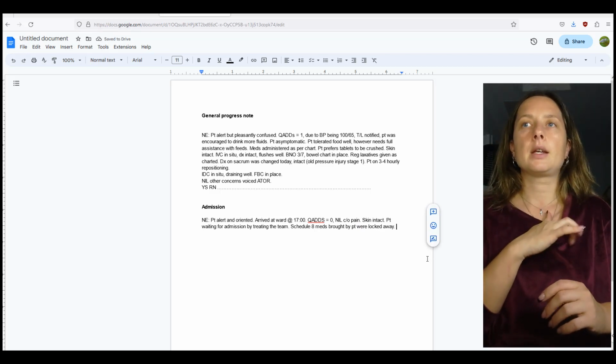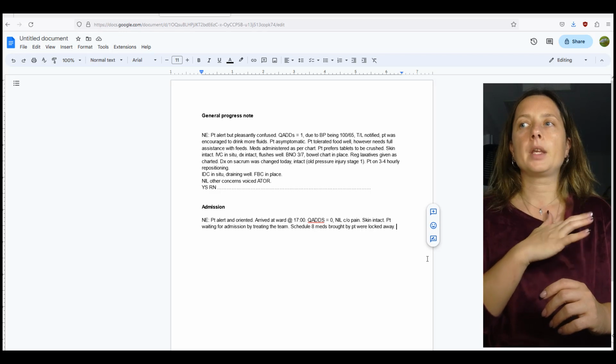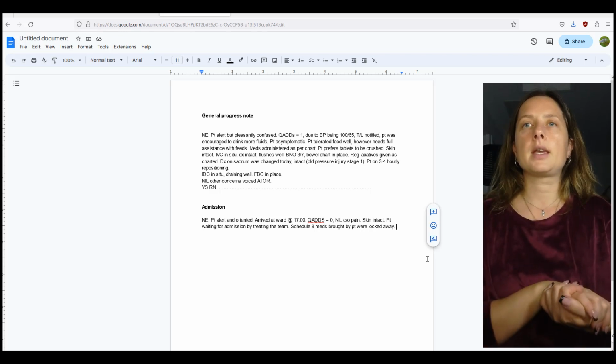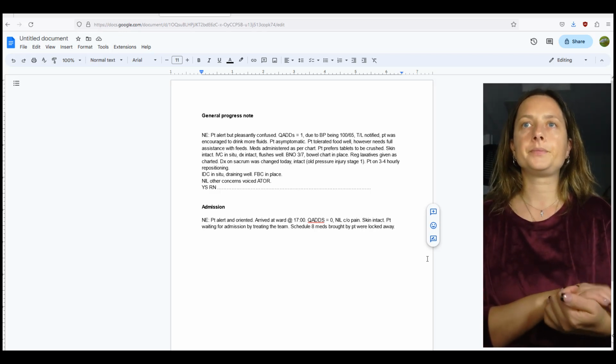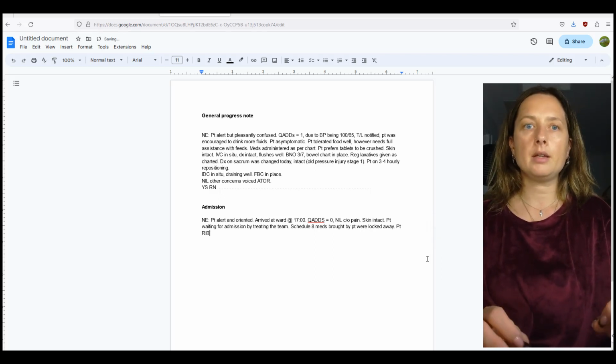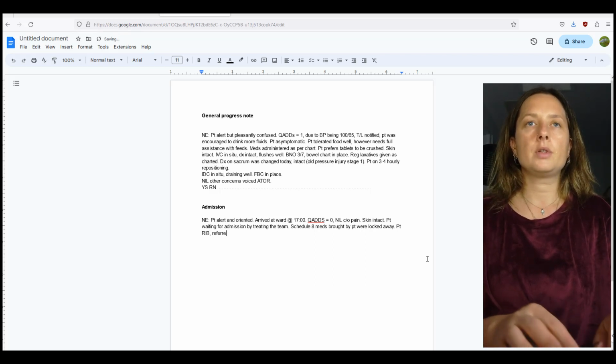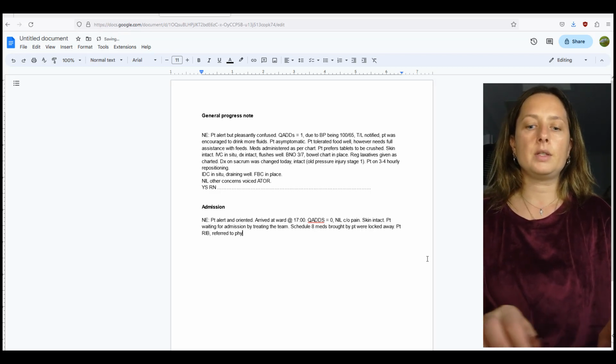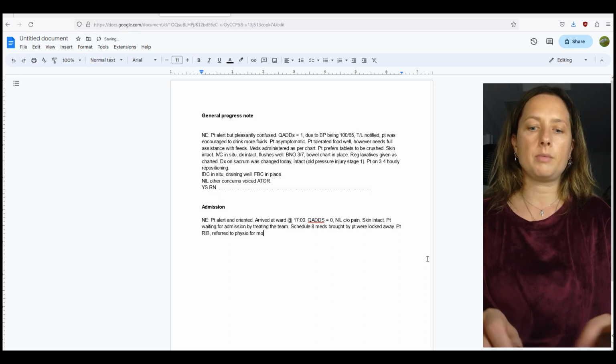Then if the patient came, let's say, after a fall, I would say patient resting in bed, referred to physio for mobility assessment.